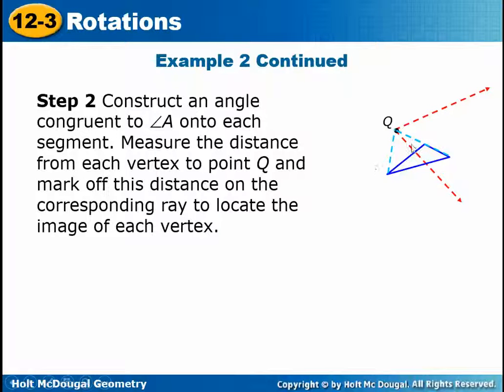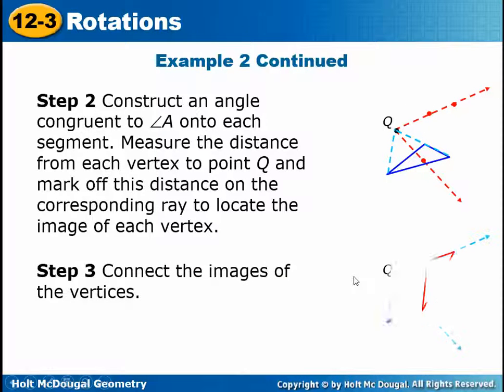So this is angle A, and then we did angle. Measure the distance from each vertex to point Q and mark off this distance on the corresponding ray to locate the image. So they measured from here to here, here to here, and there's another line on top of that one from here to here. And then they put points on the lines at the same places, and then you connect those vertices to create the image.